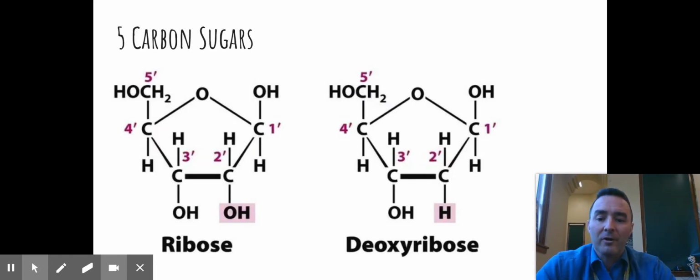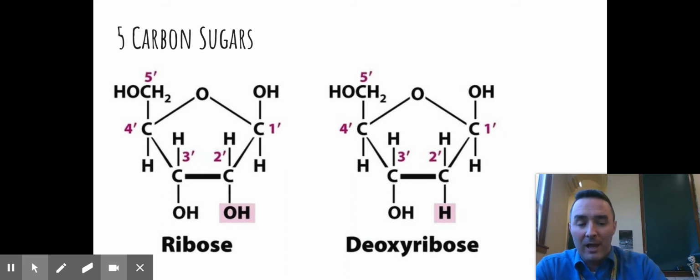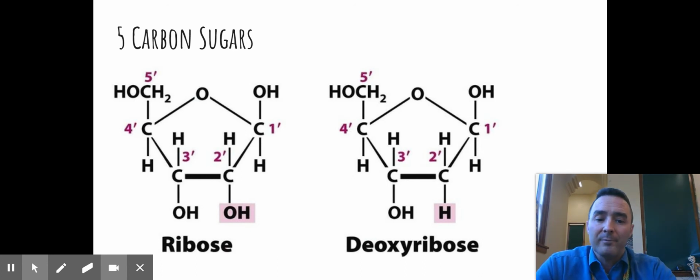Here are your 5-carbon sugars, ribose and deoxyribose. And you don't need to memorize the numbering system, but it is helpful to know that you are counting from right to left around the ring, my right to left. And if you look at the second carbon, ribose has that carbon bonded to 2 other carbons and has an OH below and an H up.